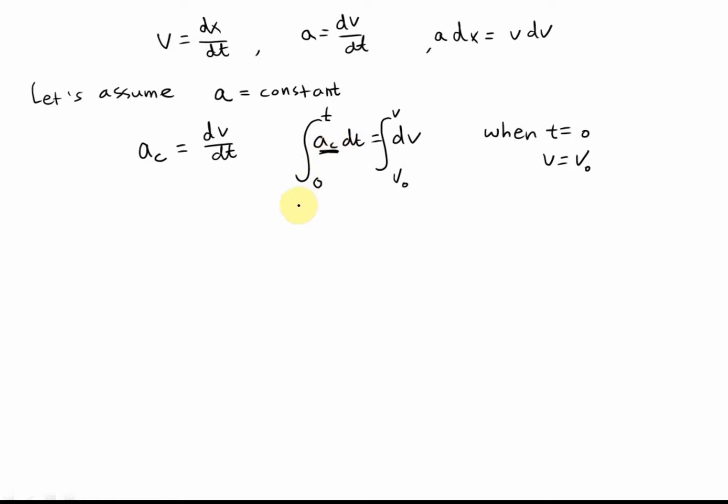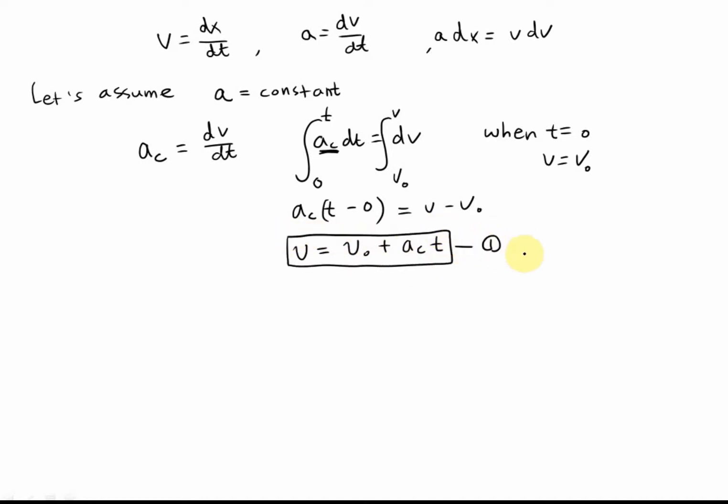This is constant, that's why a_c and just time t minus 0 is equal to v minus v0. So your velocity equation becomes your initial velocity plus a_c t. So this is our first kinematic equation of motion. That means if you know the initial velocity and acceleration, then you can predict the velocity as a function of time.